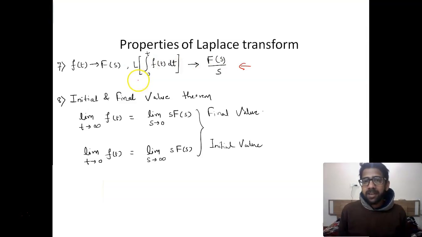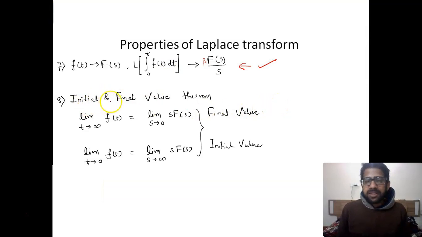In the previous property, we were differentiating the function and multiplying F of s by s, but here we have to divide by s when the integration has been taken for the original function. So these are complementary rules 6 and 7.